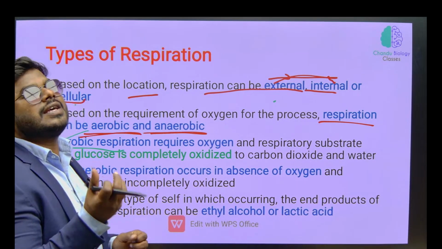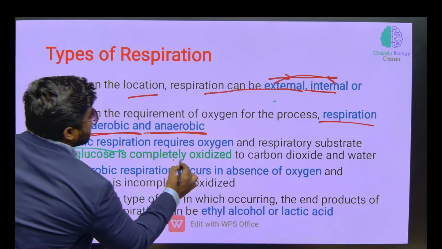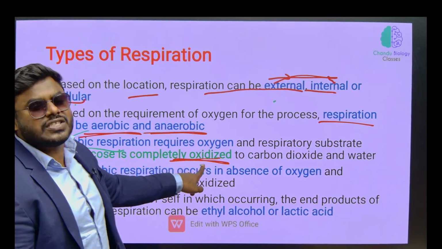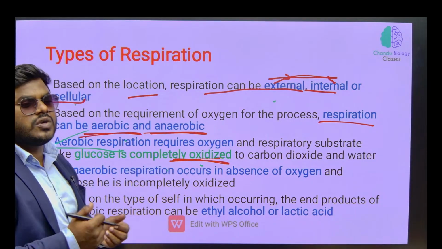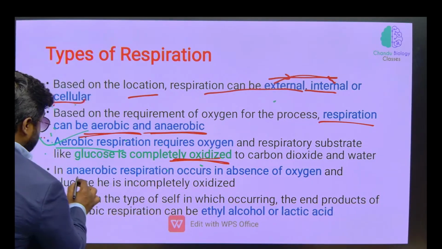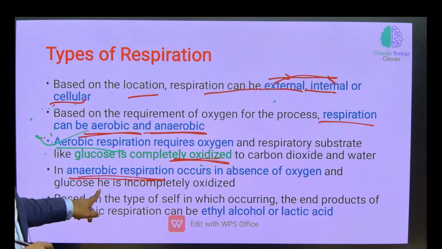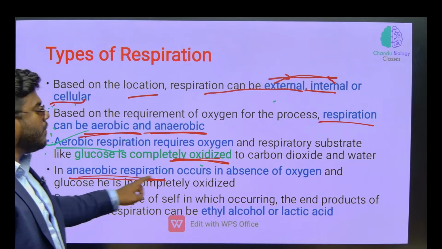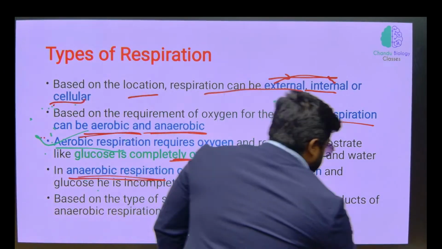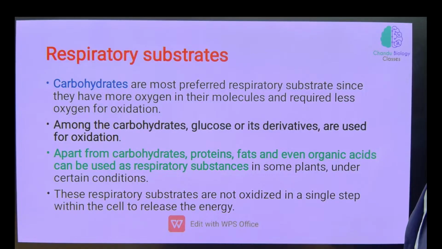By using that oxygen, we are oxidizing something. What is oxidation? Breaking down. Why are we breaking something down? To produce energy. And what is anaerobic respiration? Again we are breaking something down to get ATP, but we are breaking it down in the absence of oxygen. That is called anaerobic respiration.